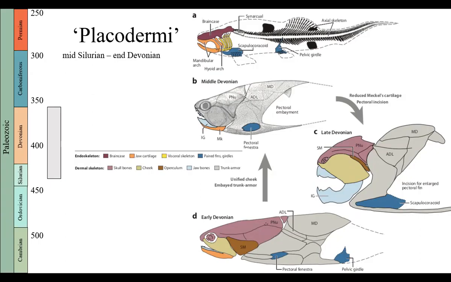And then what placoderms do is have these really complicated bony pieces of armor. This is called the dermal skeleton. It comes out of the outer layers of their body. And so you can see pink is skull bones, and then there's some stuff divided up here. Cheek, operculum, which means the gill structure. Jaw bones is light blue, and there's trunk armor. I'm only giving you all this so you have something to look back at once we talk.